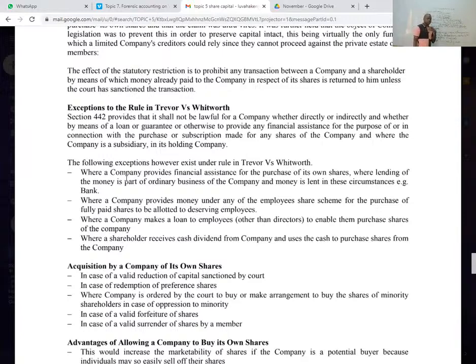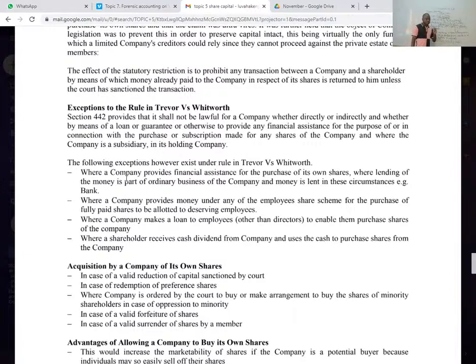So it's like a compensation scheme in the company, like a package, part of the allowances. Apart from housing allowance, they have another employee scheme whereby, for example, if you have performed so well, they can give you money, then you buy the shares of the company. You can see they are financing you. They give you the money, then you come to buy the shares of the company. So under that particular exception, the company can finance.